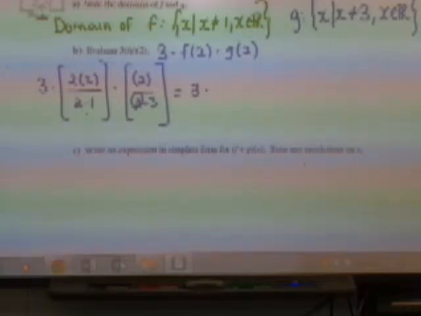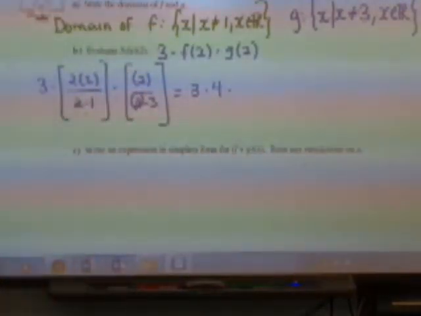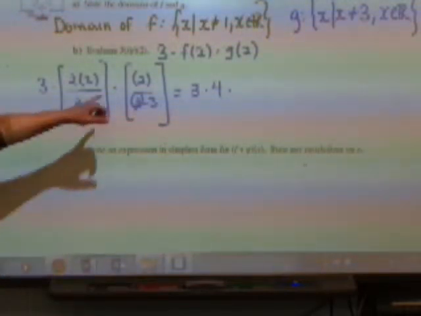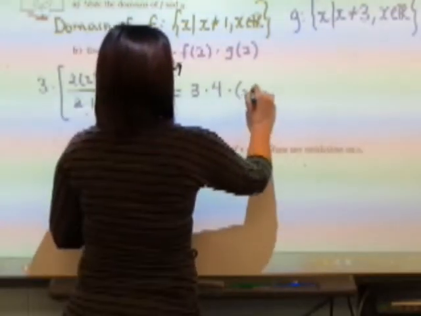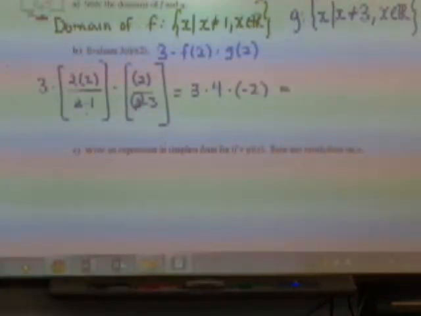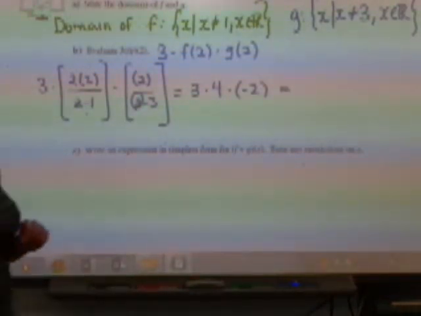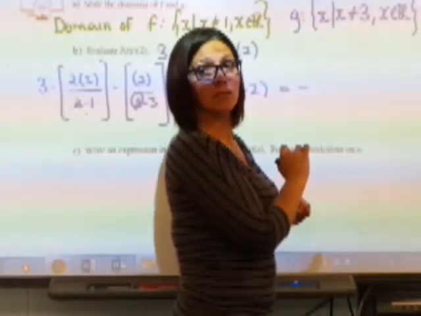So 4 divided by 1? 4. And then 2 minus 3? Negative 1. So then 2 divided by negative 1? So 3 times 4 times negative 2 is negative 24.